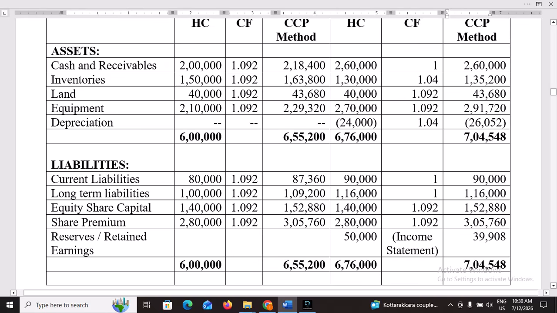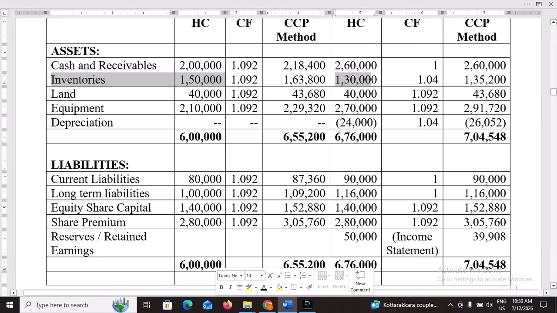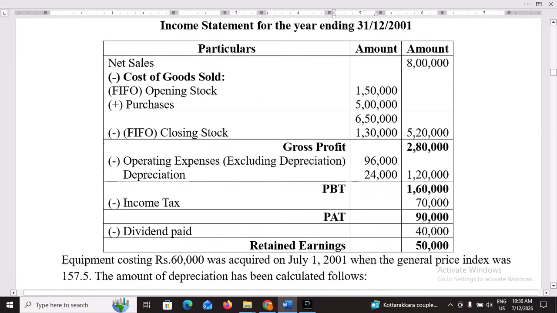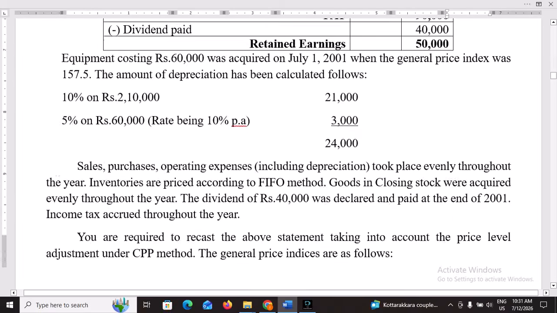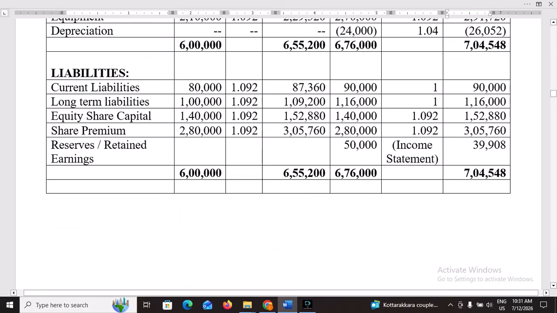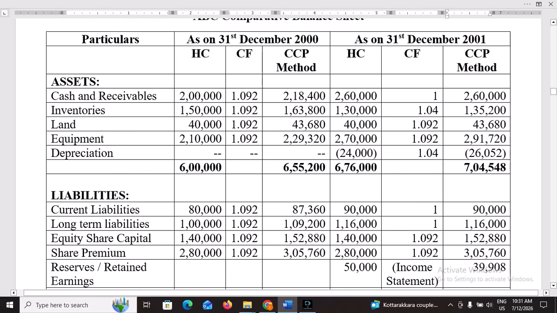Done. Next, equipment: opening is 2,10,000, closing is 2,70,000. Correct?